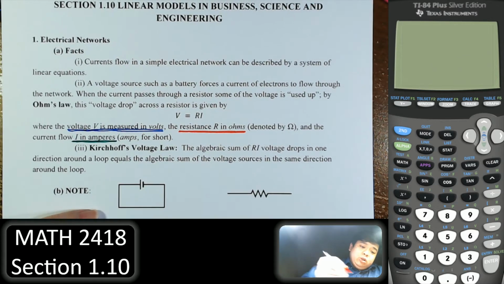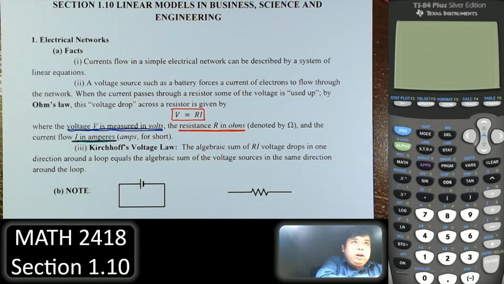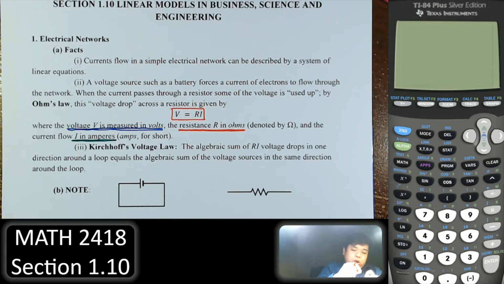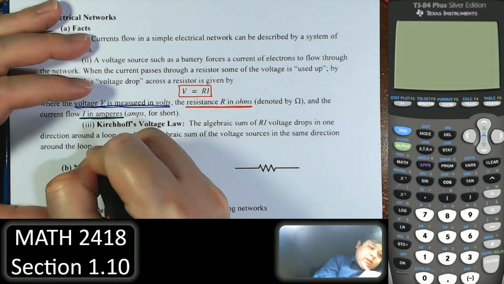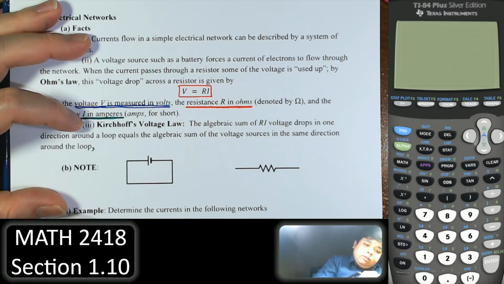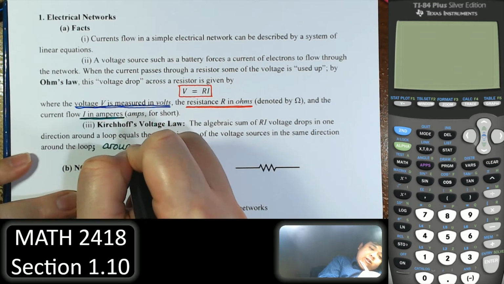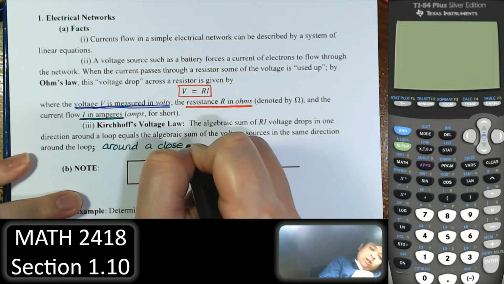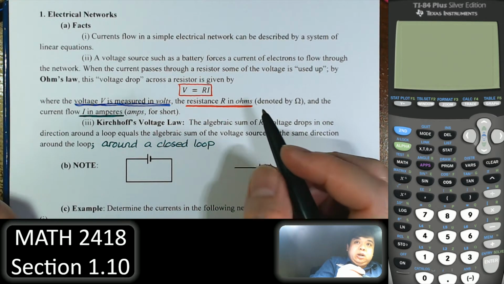So the first thing we need to know is that V, the voltage, is equal to R times I. And the second one is that going around a closed loop, the sum of all the voltages is equal to 0.